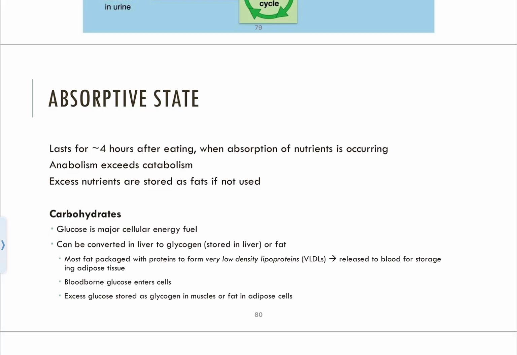So we have the absorptive state, or the fed state, and this lasts for a couple hours after we begin eating, where we have nutrients going into the blood and being absorbed from our digestive tract. During this phase, anabolism, or building up, exceeds catabolism, or breaking down, and we begin storing nutrients.